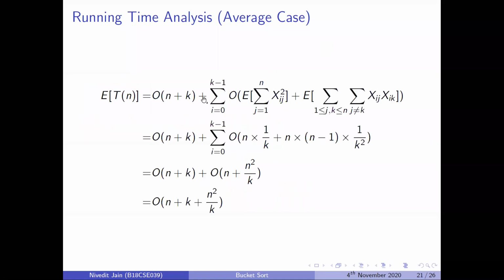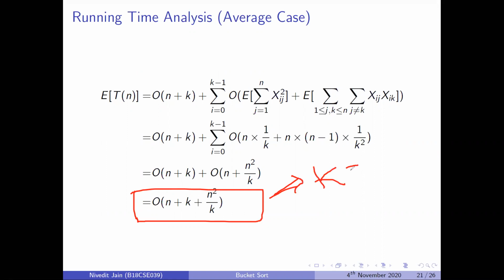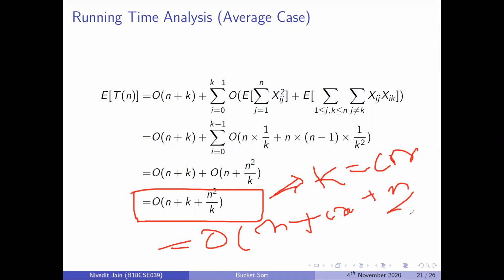So putting all these values into the original equation, this will give us the average time. Let's try to put k equal to some constant c times n. If you put this, then the expected time would be some constant time plus n upon c. Now see, this would be just O of n.